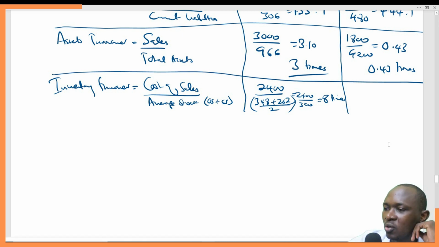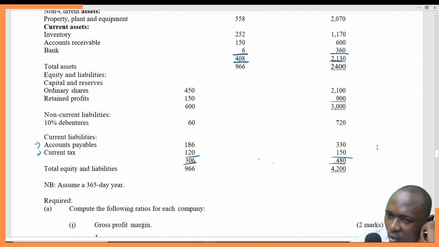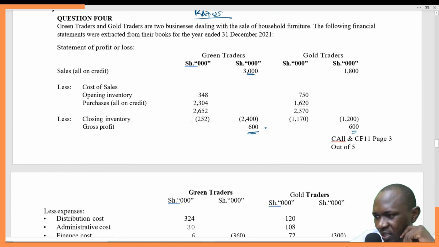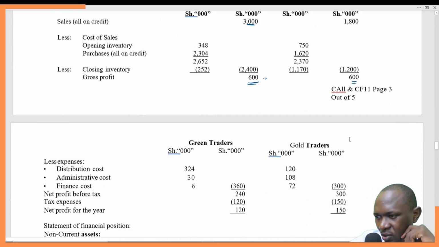And the same will also apply to the Gold Traders Limited side. So cost of sales. Now let's get all the figures: opening stock is 750 and closing inventory is 1170, and the cost of sales is 1,200.